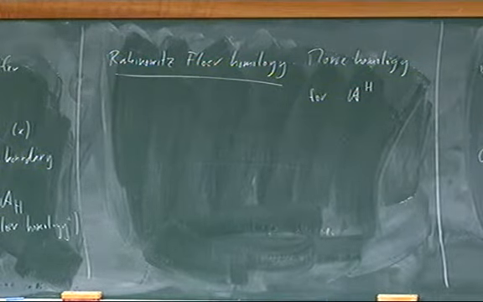So V is again a map from the cylinder to M, and the Lagrange multiplier is a map from R to R. And the equation is the following. For the first part, we just differentiate with respect to the loop.